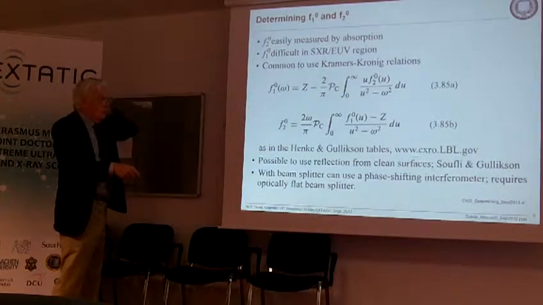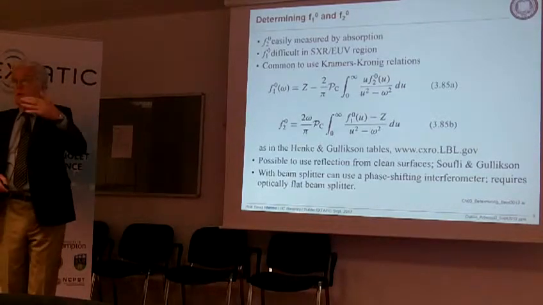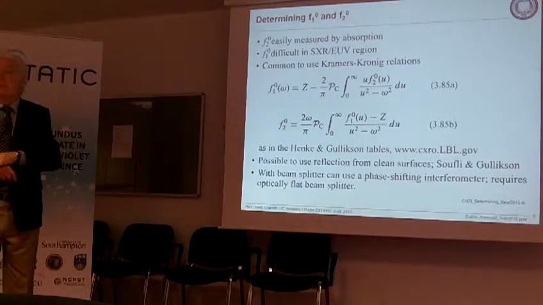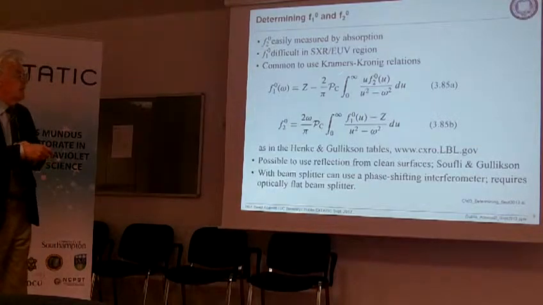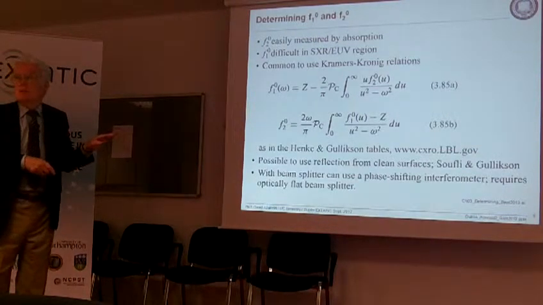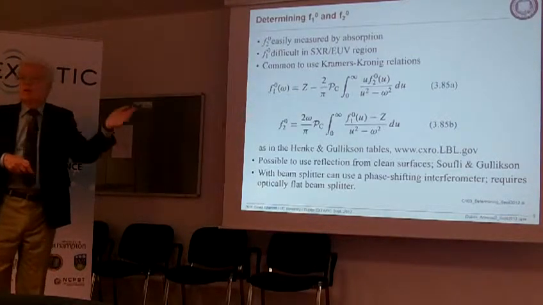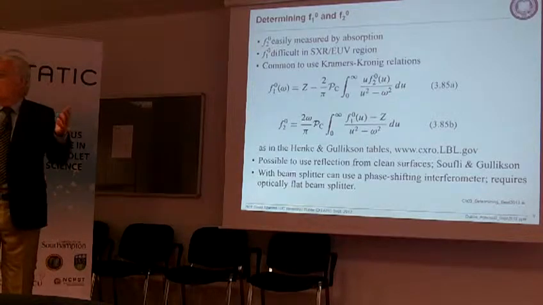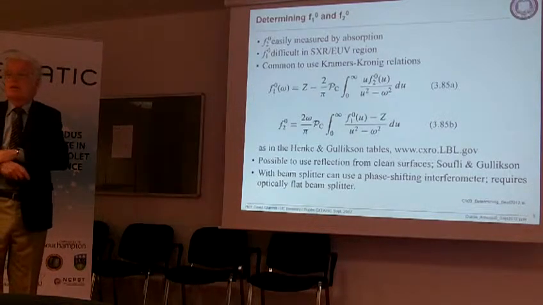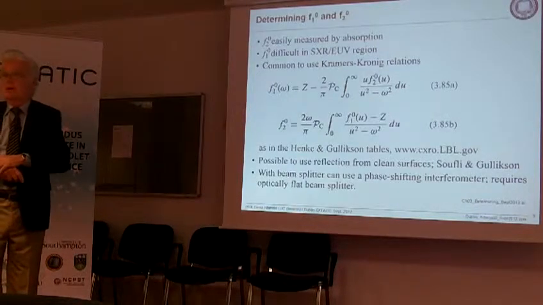And if you go to this website where you can look up F1 and F2 for everything up to uranium over a very wide region of interest here, that's how they got these numbers. They went through the literature. They did measurements themselves, but Burton Henke at first simply went through the literature and got all of the information he could on as many elements as possible, eventually getting all the way up to uranium, and he published it.